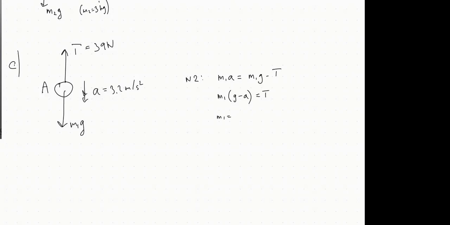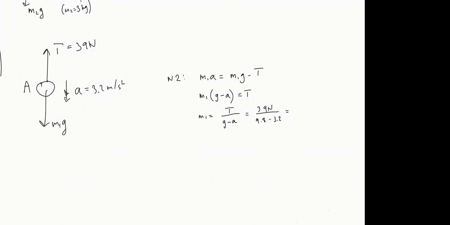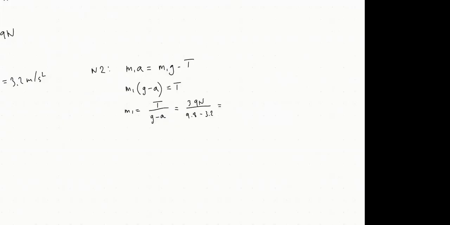It's equal to tension divided by G minus A, which is equal to 39 newtons divided by 9.8 minus 3.2. And what is that? 9.8 minus 3.2, that's 6.6. 6.6, 39 divided by 6.6. It's meters per second squared.